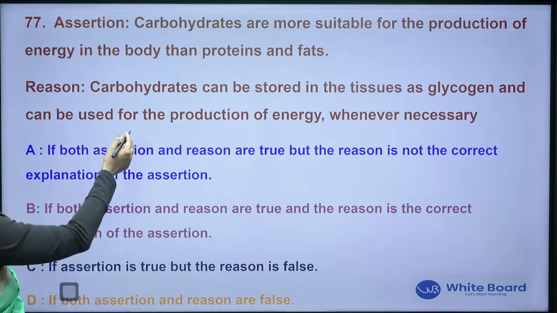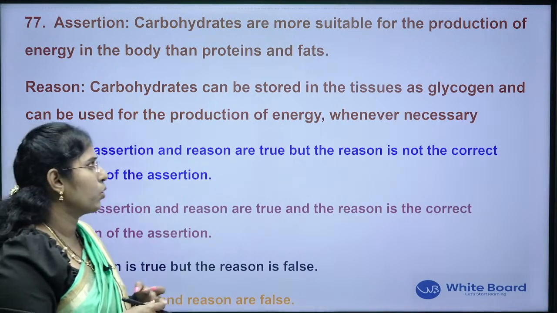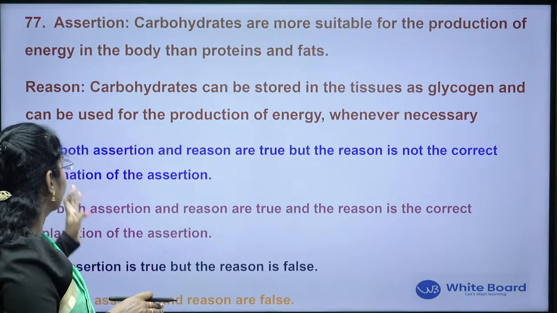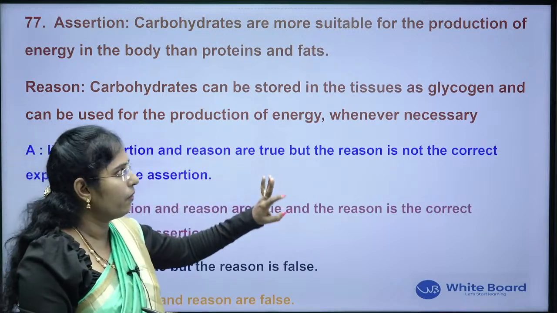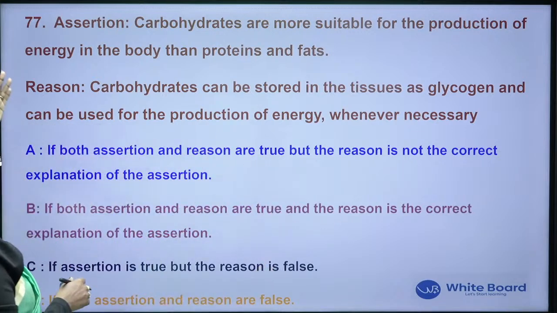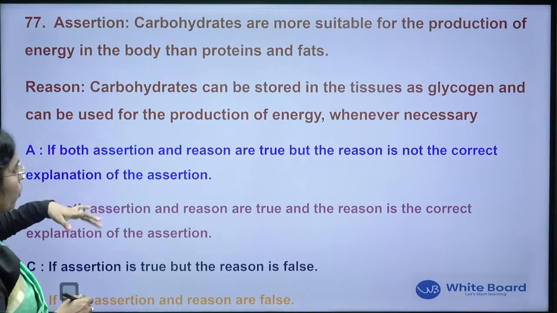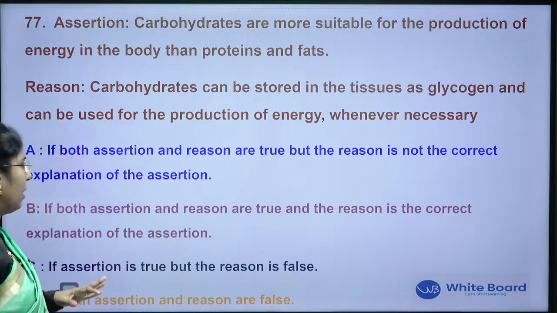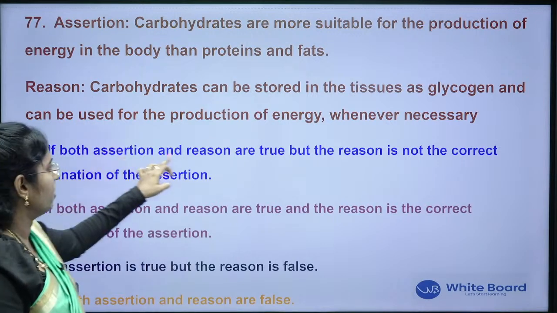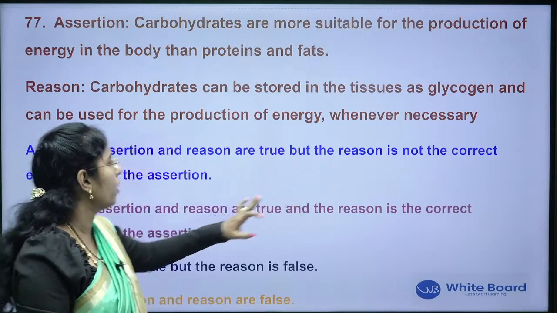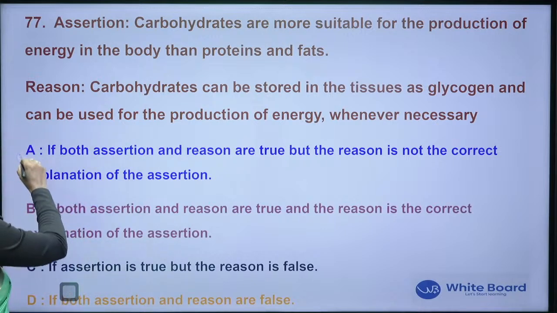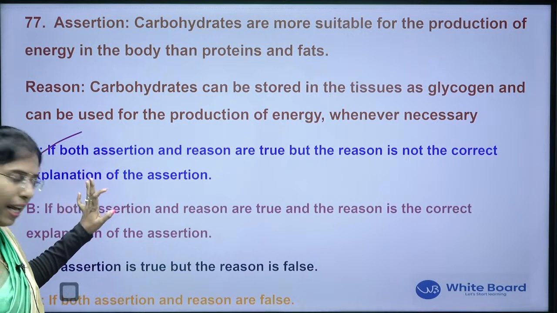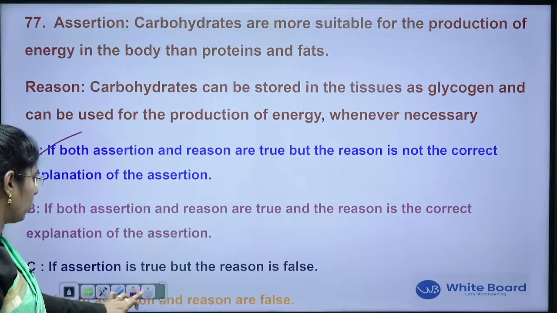Yes, this is also true. Both assertion and reason are true, but the reason is not the correct explanation of this assertion. So, option A is the correct answer for this one.